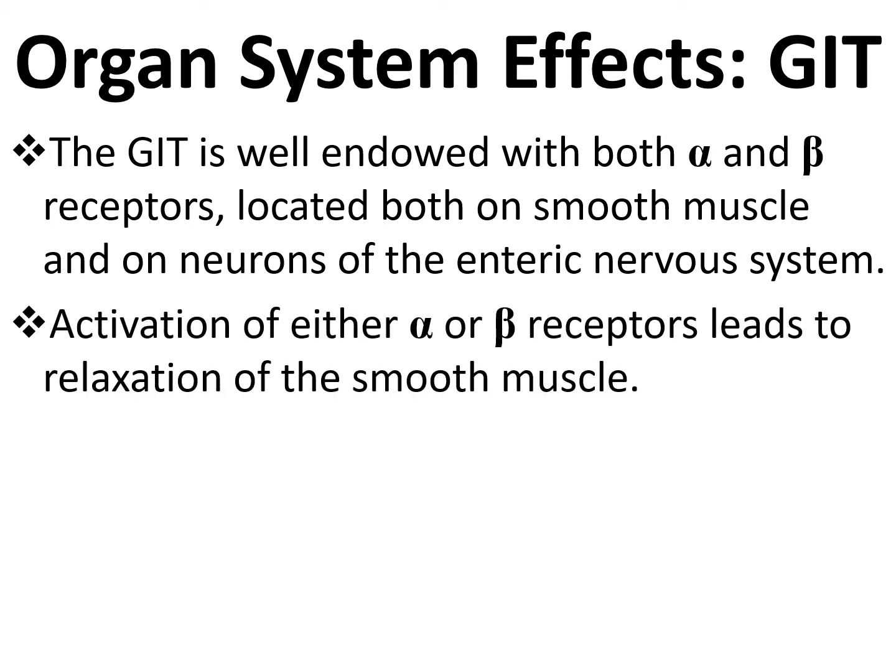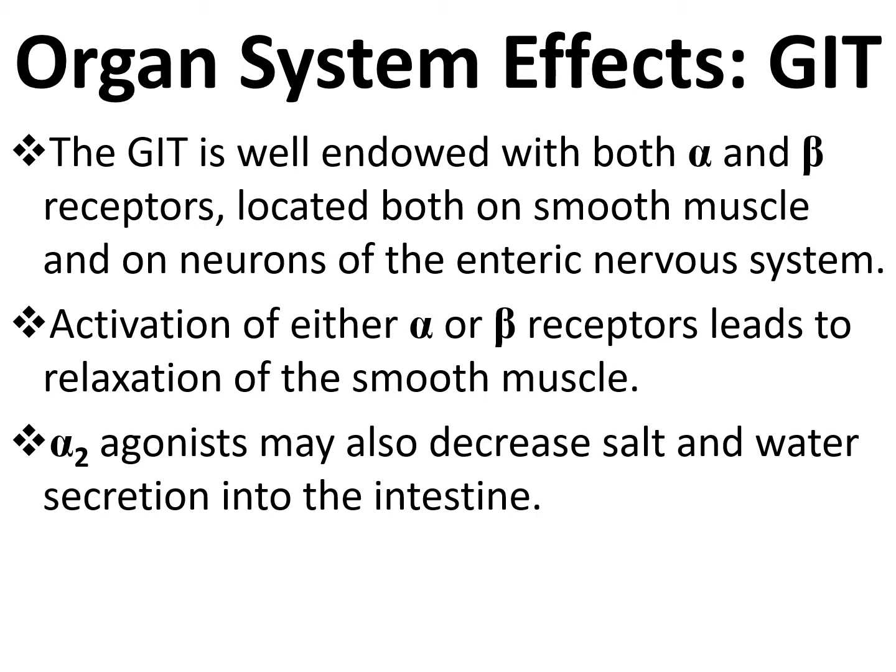Activation of either alpha or beta receptors leads to relaxation of the smooth muscle. And alpha-2 receptor may also decrease salt and water secretion into the intestine.